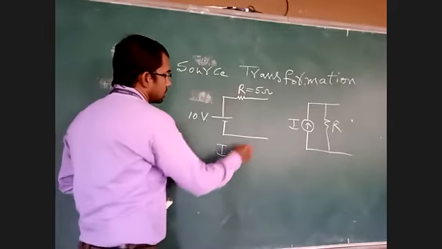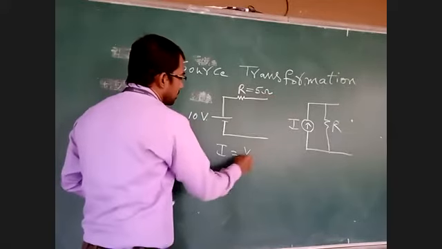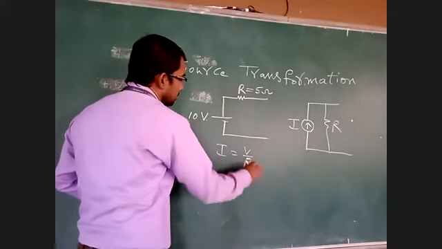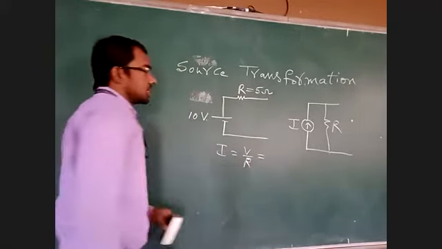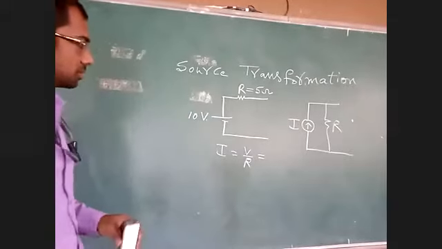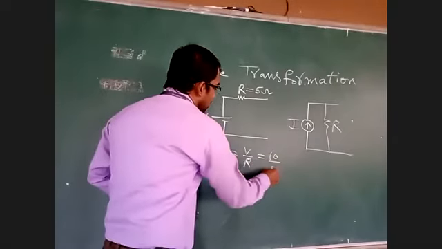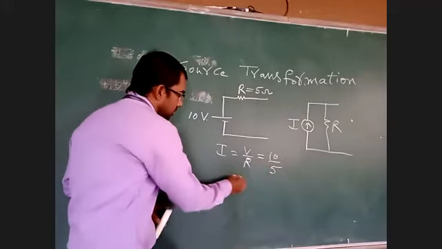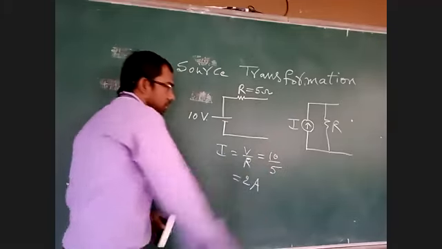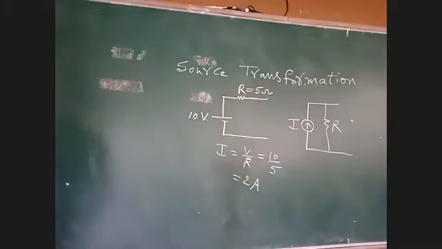I is equal to V by R. V is 10, the resistance is 5. That is 2 ampere. Your current is 2 ampere.